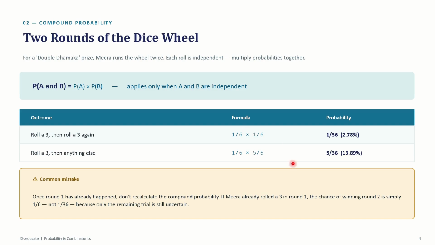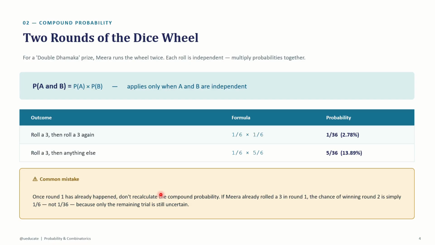This is the trap. Once round 1 has already happened, don't recalculate the compound probability. If Mira already rolled a 3 in round 1, the chance of winning round 2 is simply 1/6, not 1/36, because only the remaining trial is uncertain.